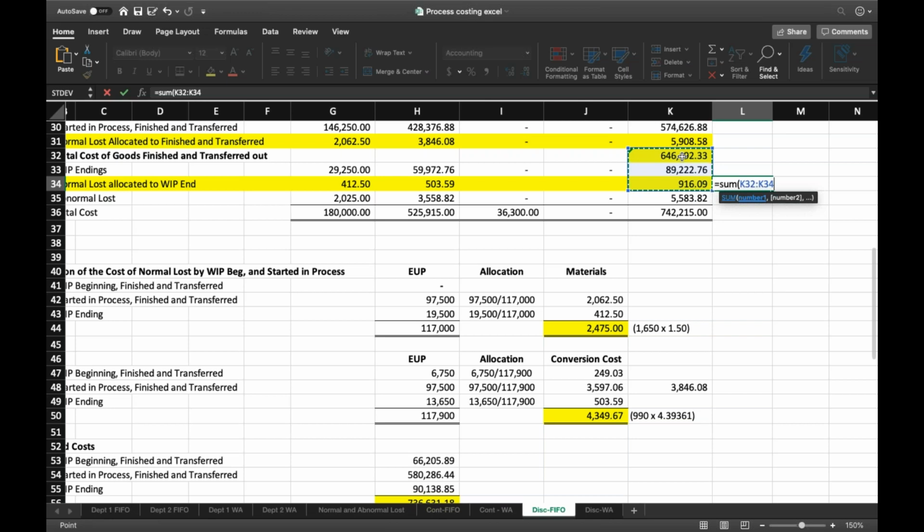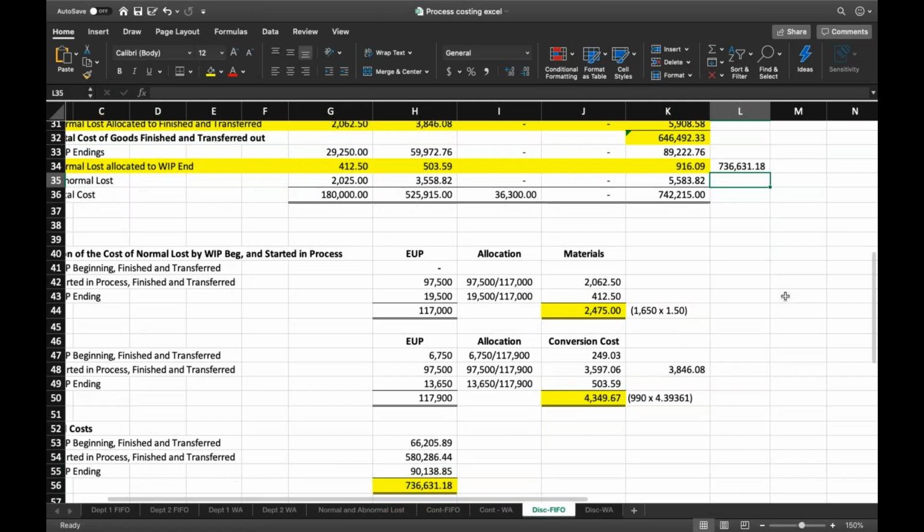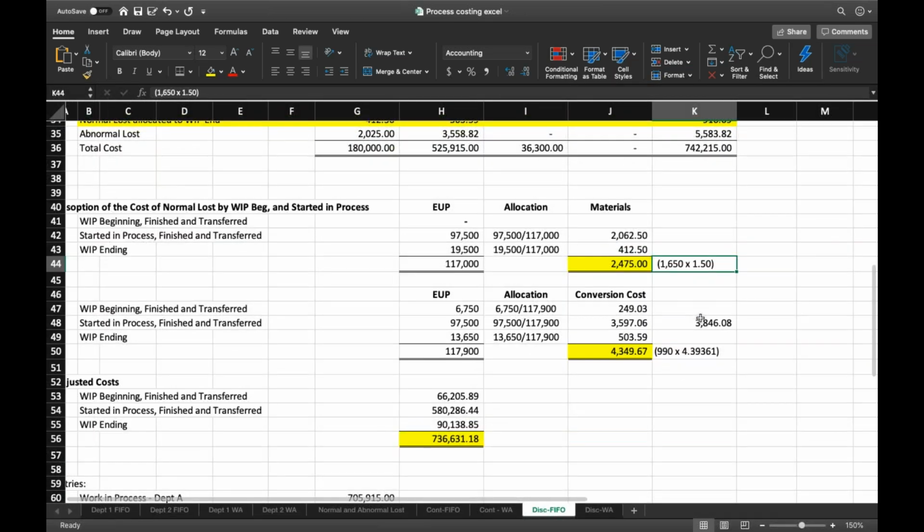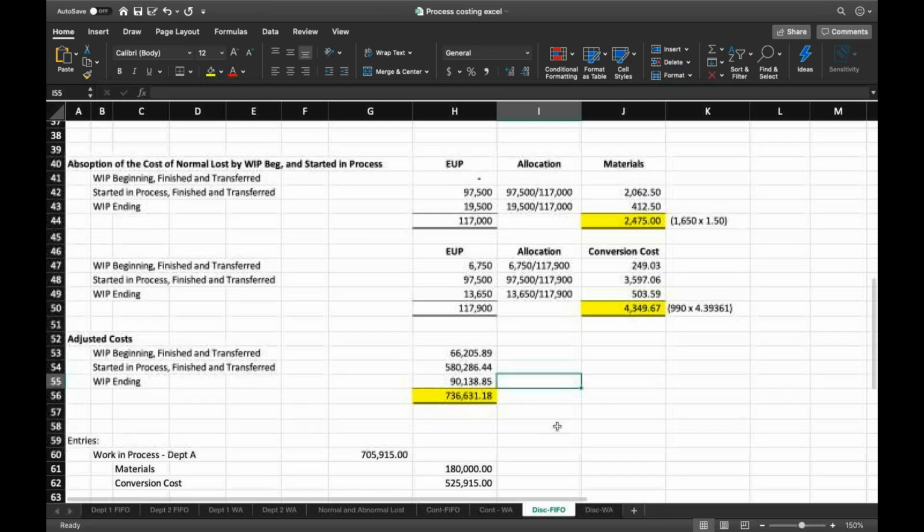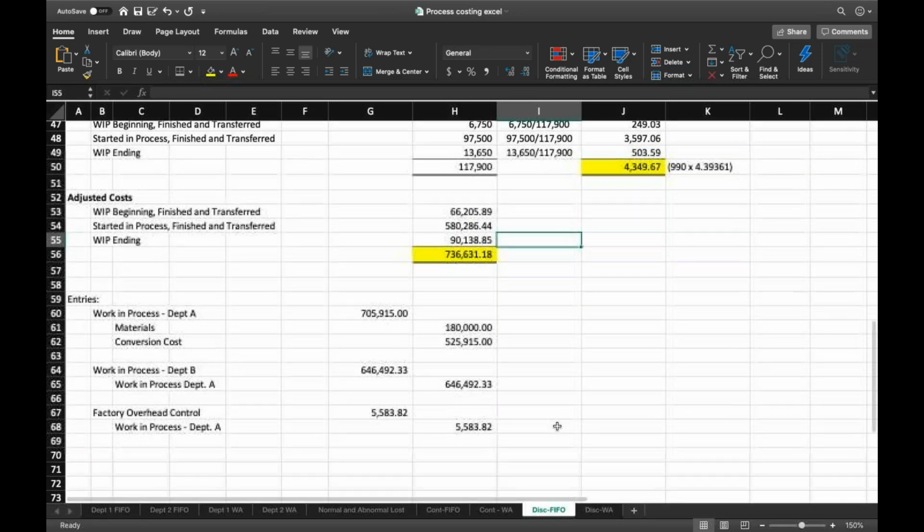This all is 736, 736. When we add this here, it is 742. Okay, entry, the same.